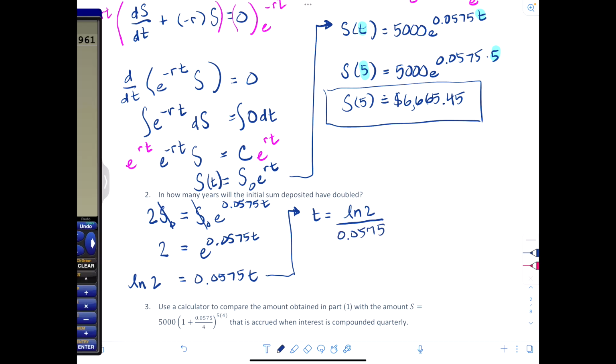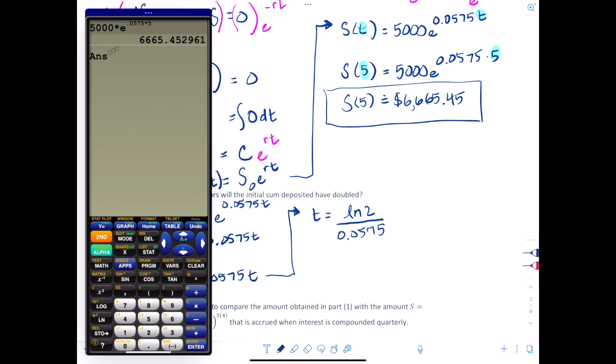Grabbing our calculator again, we would have natural log 2, don't forget to close your parentheses on that, divided by 0.0575, enter.